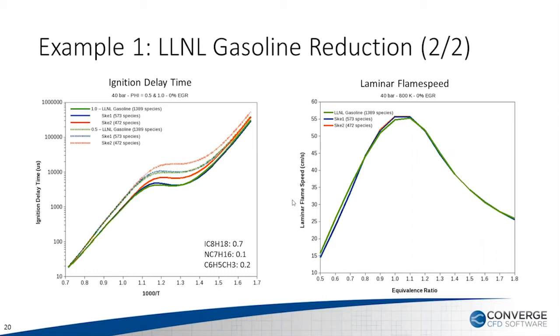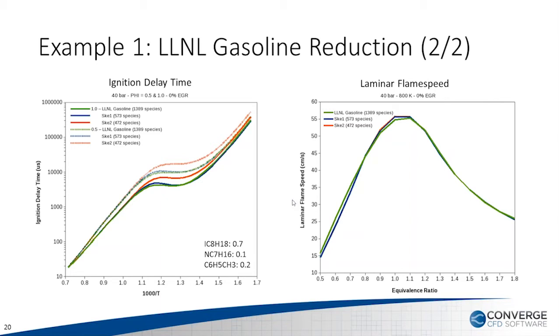Then we run the ignition delay and laminar flame speed to check the performance of these two skeletal mechanisms. You can see from the ignition delay time plot, in the high temperature and low temperature areas, the 500 species and 400 species mechanisms both do a good job on ignition delay prediction compared with the original mechanism.